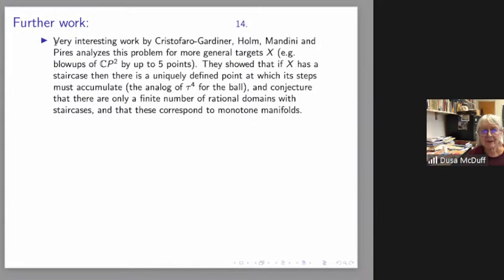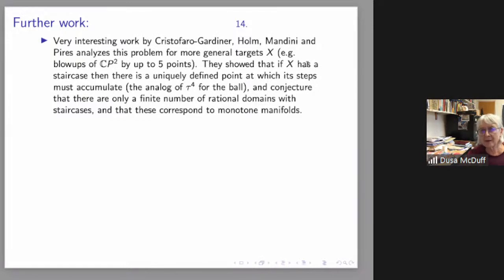But there was another set of works by Cristofaro-Gardiner, Holm, Mandini, and Pires, who looked at much more general targets. So instead of just looking into a ball, they were looking at general toric manifolds, typically blow-ups of CP2 by up to 5 points or something like that. And they proved a very nice general result, showing that the function is always piecewise linear: it's the maximum of the volume obstruction together with some piecewise linear obstructions.